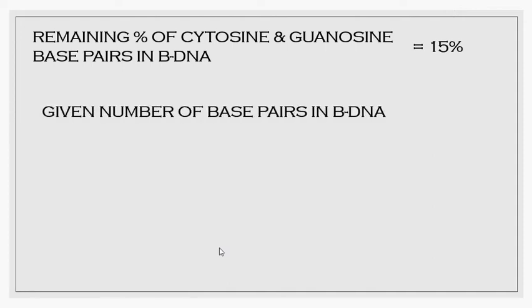The given number of base pairs in B-DNA is equal to 1000 base pairs.